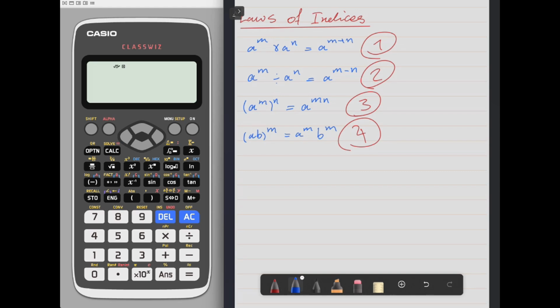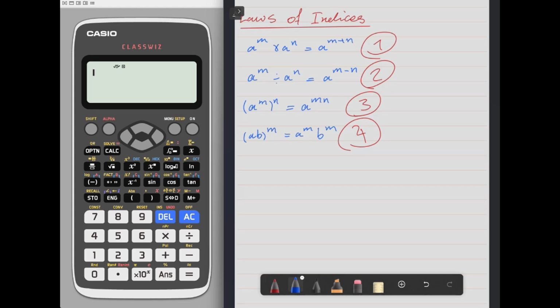Bases need to be the same. a to the power of m times a to the power of n have different exponents, different powers, different indices, doesn't matter which term you use. They have different exponents, but they have the same base. And so the result of the multiplication or the division is going to have the same base as well.